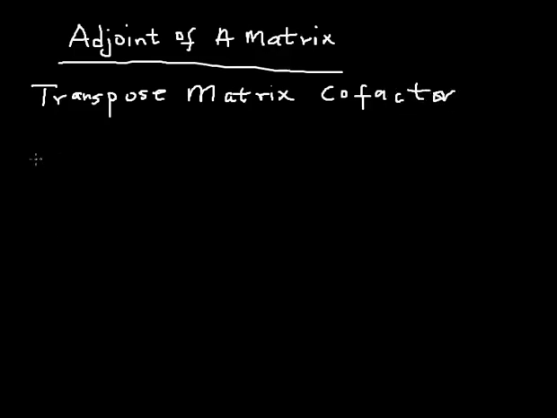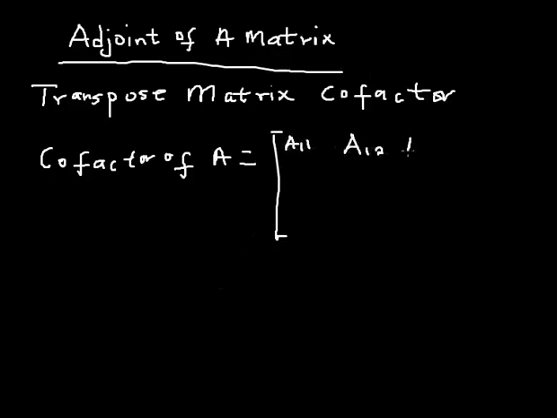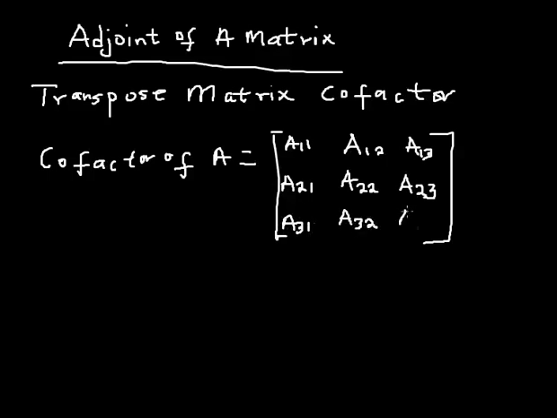For example, if I have matrix A, let's say the cofactor of matrix A is given as another matrix, which of course is A11, as we already know, A12, A13, A21, A22, A23, A31, A32, then A33.